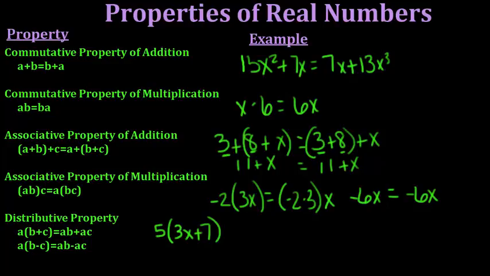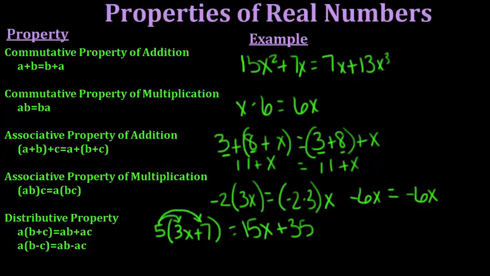So we're just going to distribute the 5. Everything in the parentheses is being multiplied by 5. So 5 times 3x, and then 5 times 7. So 5 times 3x will be 15x, and then 5 times 7 will be 35, and it is addition, so we'll keep the addition. And that's distributing.